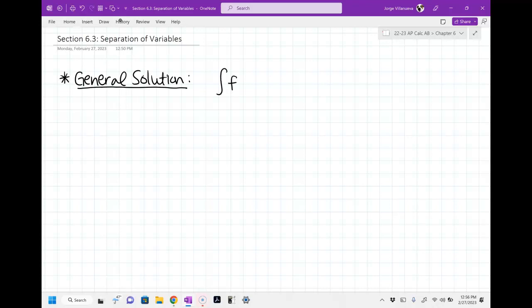So you're going to integrate a function, and what you end up getting is its integral with the plus c in it. This is called a general solution. So when you integrate a function, you end up with that plus c, so the f of x plus c is called our general solution.